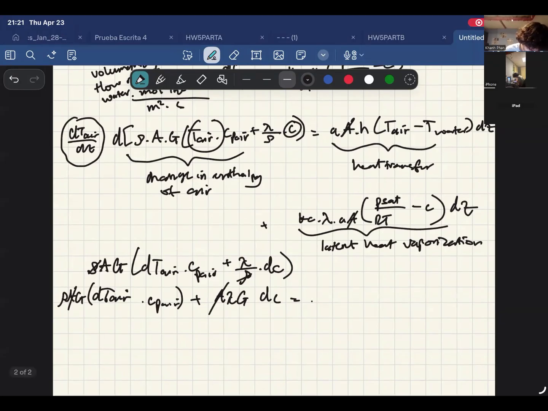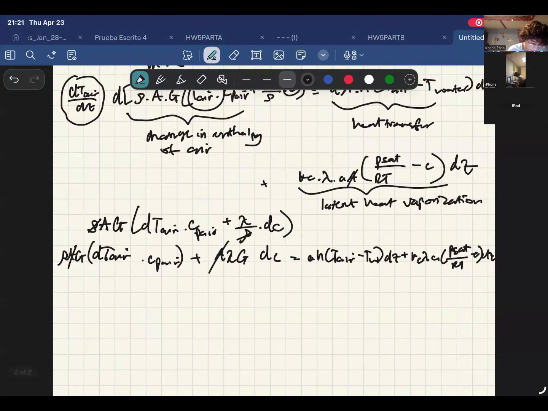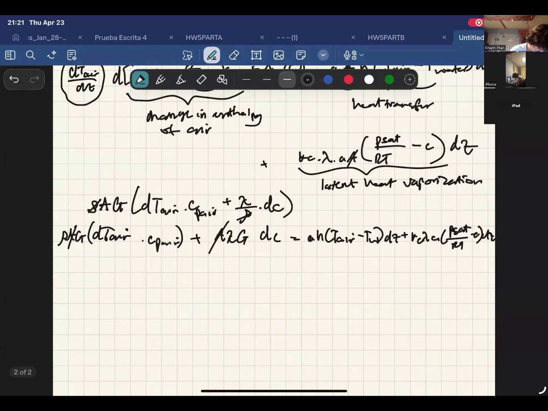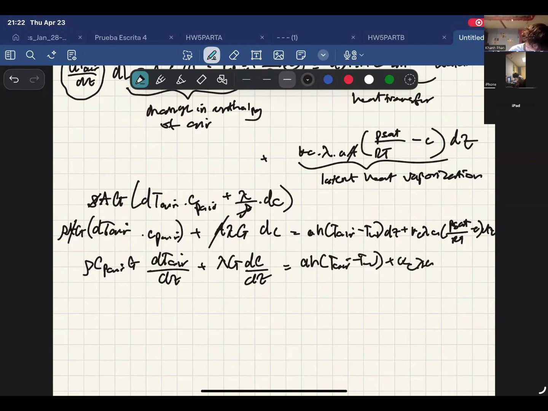And so we would only have a HT air minus T water dz plus Kc lambda A P sat over RT minus C dz. And then we're gonna divide dz on both sides, okay? So rho Cp air G times dT air dz plus lambda G dC dz is equal to a H (T air minus T water) plus Kc lambda A (P sat over RT minus C).